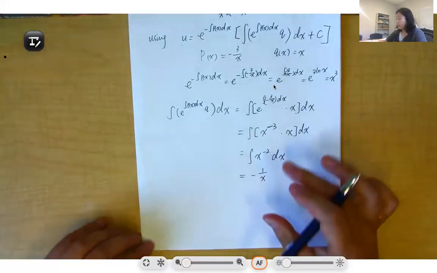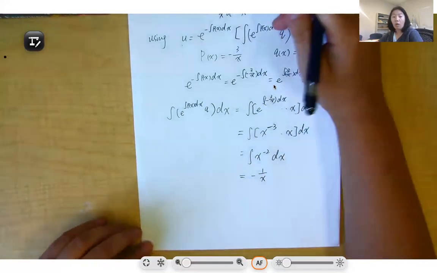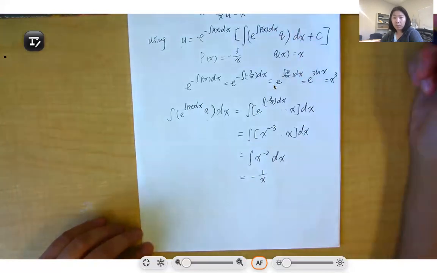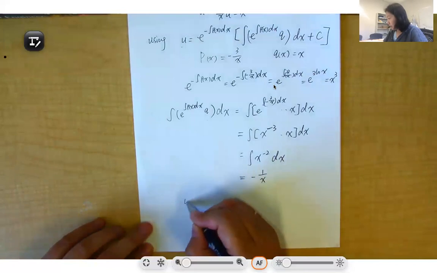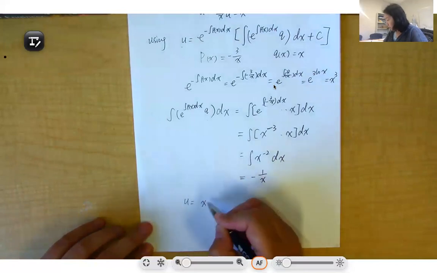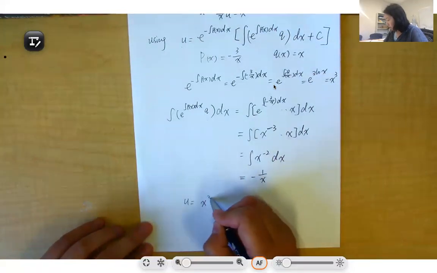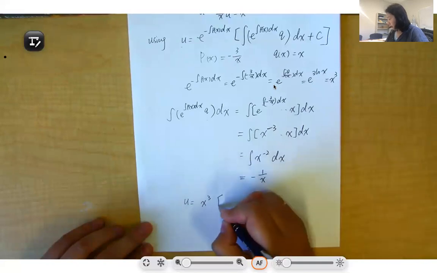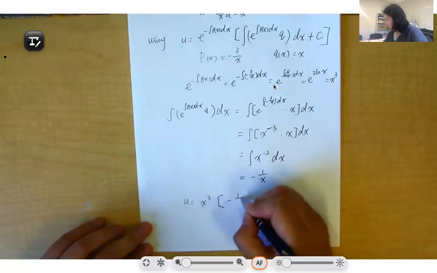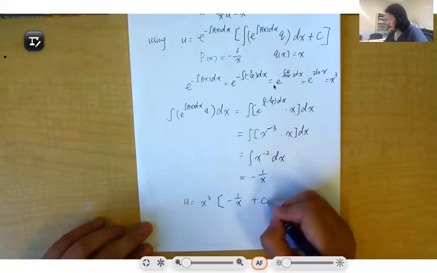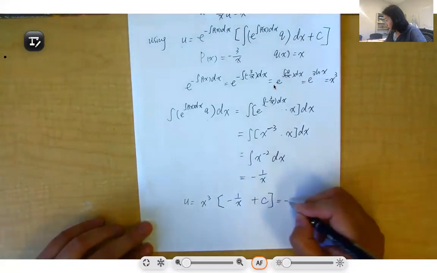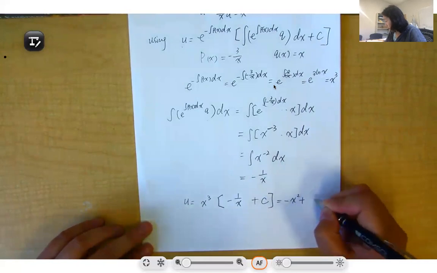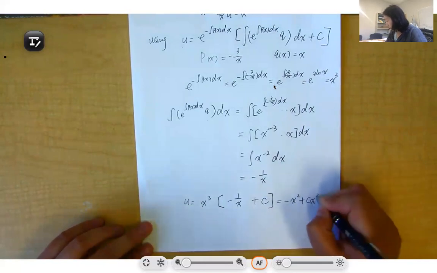Then we can put these two terms into our original u term, okay? So u will be x cubed times minus 1 over x plus some constant, right? So our final solution will be minus x squared plus c x cubed.